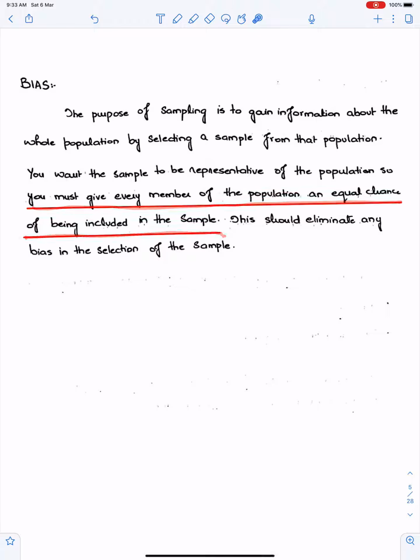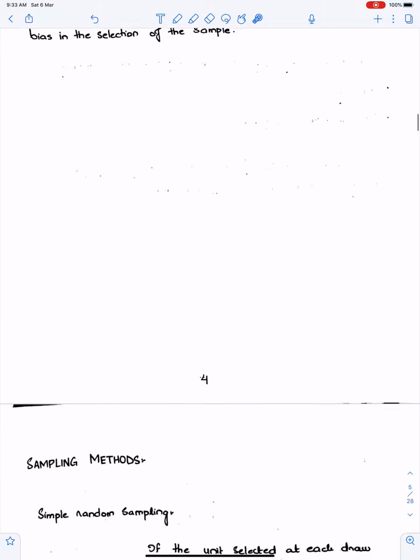This should eliminate any bias in the selection of the sample. So to eliminate all types of bias, every member must have an equal chance of being selected. When every person of the population gets an equal chance of being selected, this method will eliminate all types of bias and the sample will be fair.